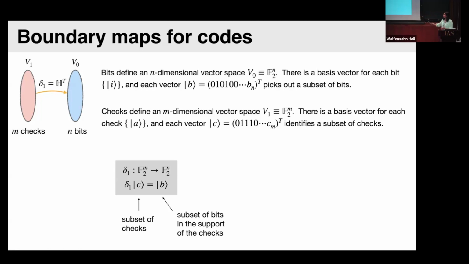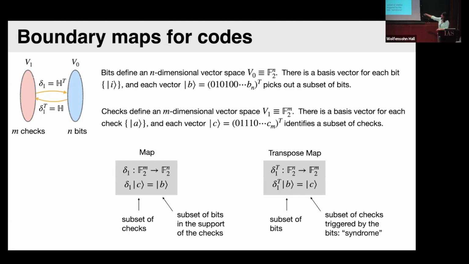And the way you should think about it is, if you feed in a vector representing some subset of checks into this map, what you get back is the subset of bits that are in the support of the checks. Of course, this is just a matrix of zeros and ones. This matrix has size m by n.